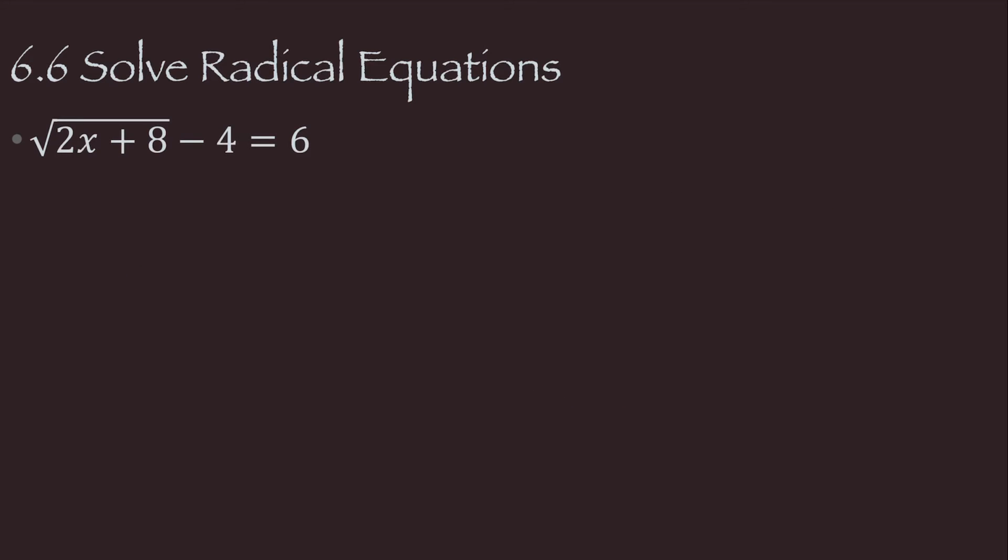Let's try another. So isolate the radical, so add 4. And then it's a square root, so I'll square both sides. Square and the square root cancel. Subtract the 8.